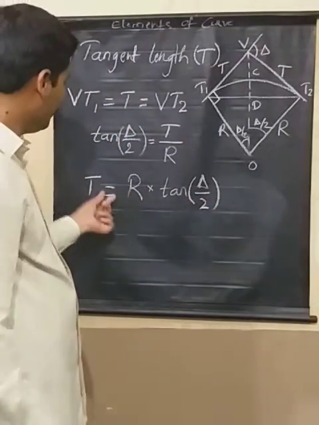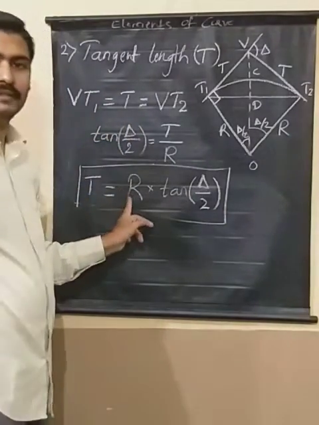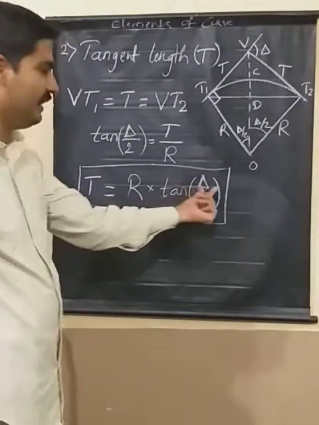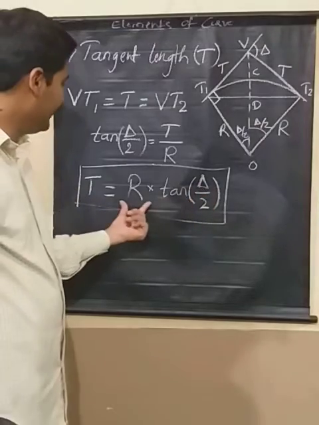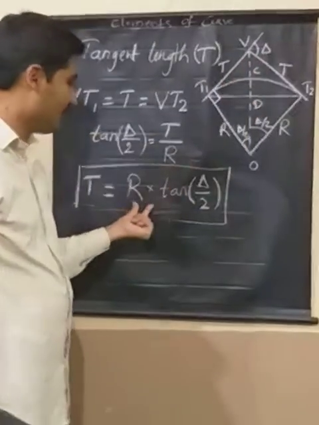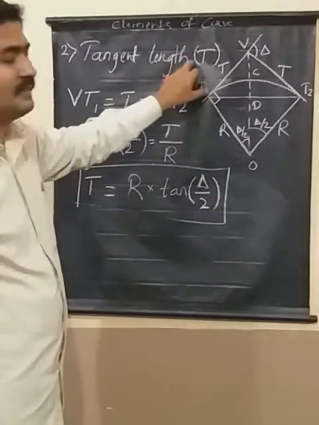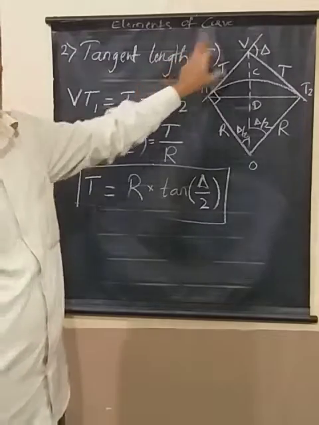Clear? So this is the formula for finding the tangent length. Radius and delta are known, so you can easily calculate the tangent length, right? That is R tan delta by 2. Clear? So this is the second element of the curve, that is the tangent length.